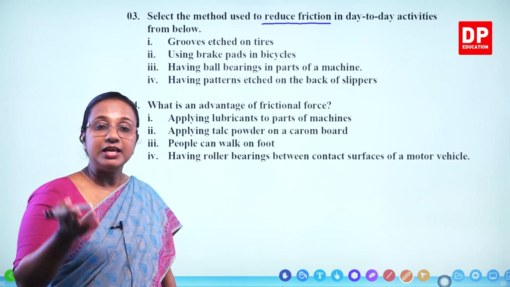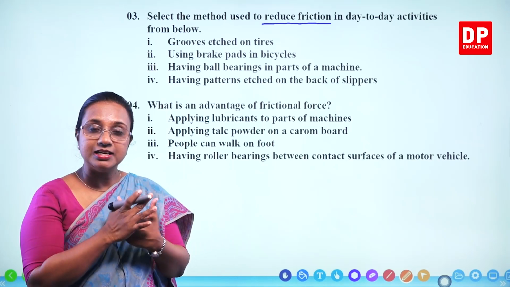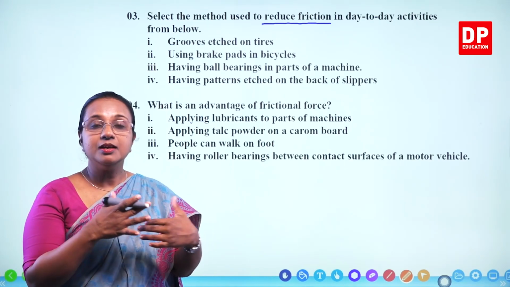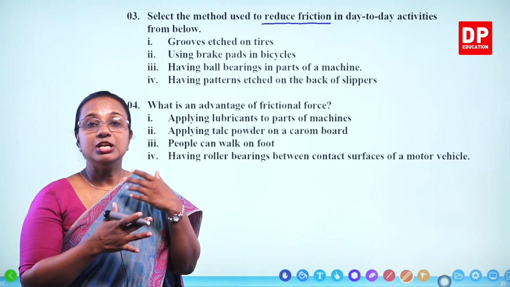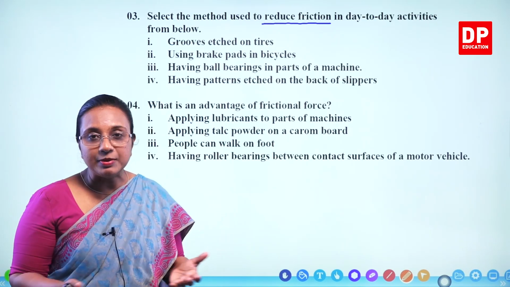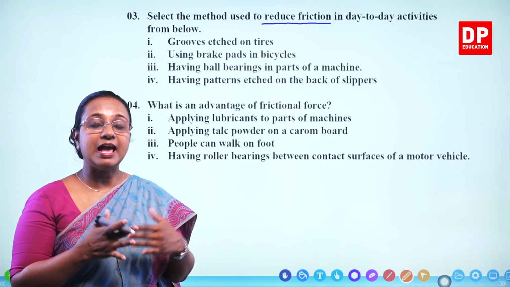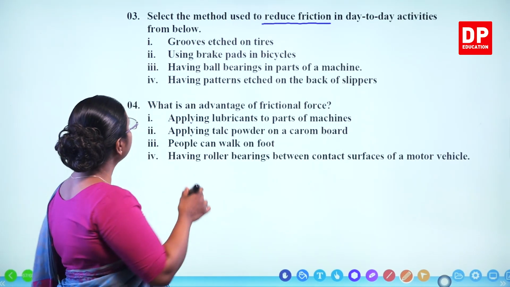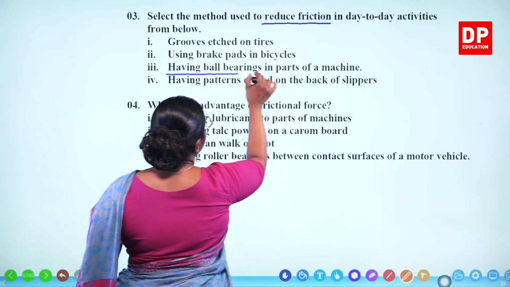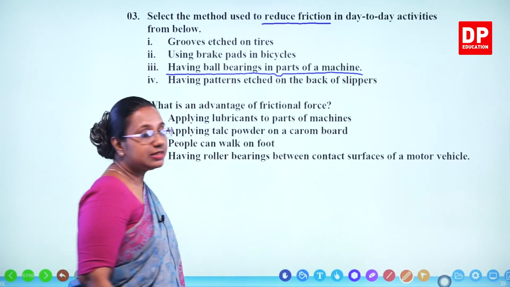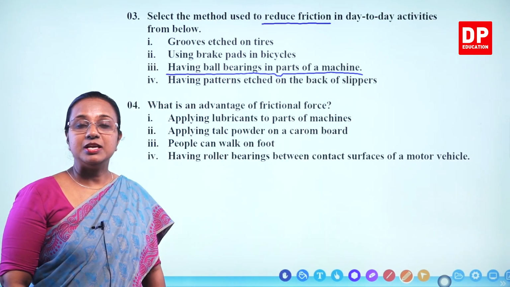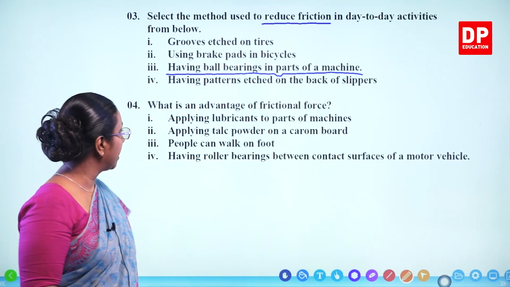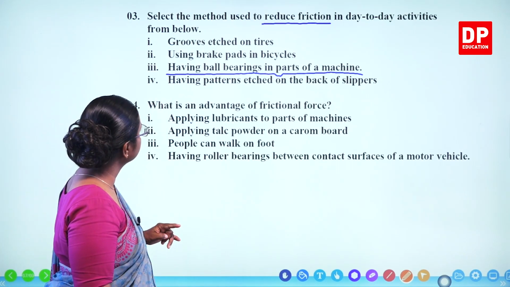As you know, in machines, when there are contact surfaces moving against each other, due to friction, a lot of heat can be generated and the parts can wear off. So to prevent that, they use ball bearings. Another bearing that can be used is roller bearing. So that is the answer.